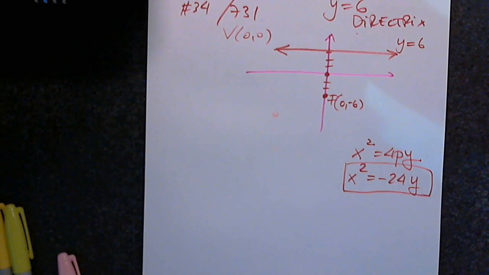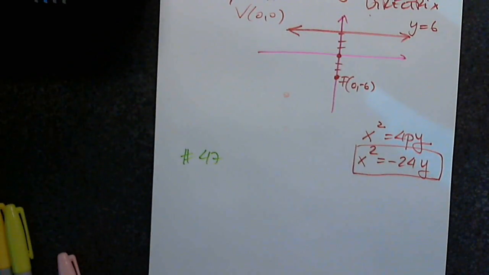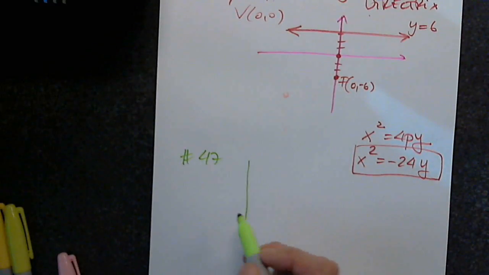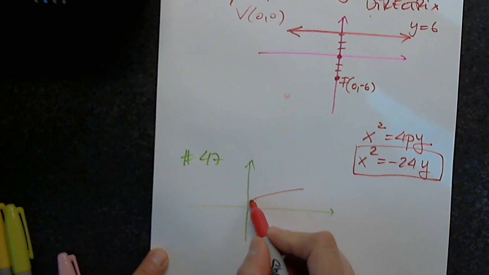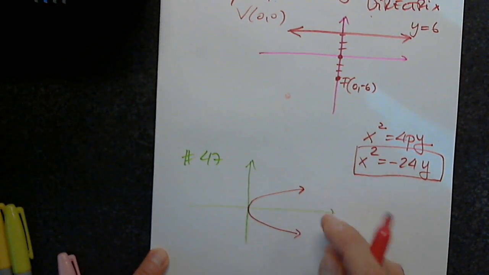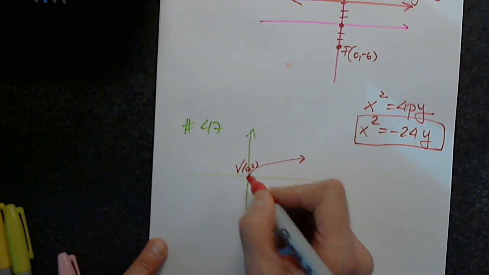41 through 50. So let's look at a problem and then look at the parabolic reflector. Which one? 47. Let's take a look. It says find an equation of the parabola whose graph is shown. Obviously, this is the origin, so that's the vertex.